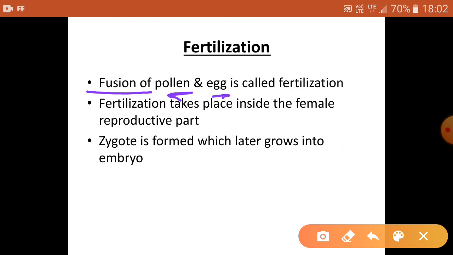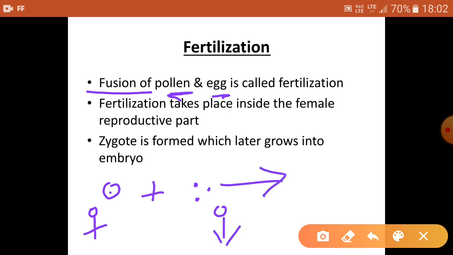So, they will fuse together. This is the egg cell, the female gamete, the female sign is shown like this, and the small pollens are the male gametes. The male sign is like this. Now, a zygote will be formed. This is called fertilization.